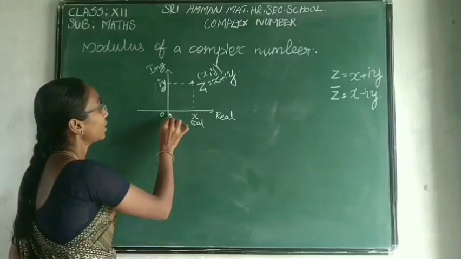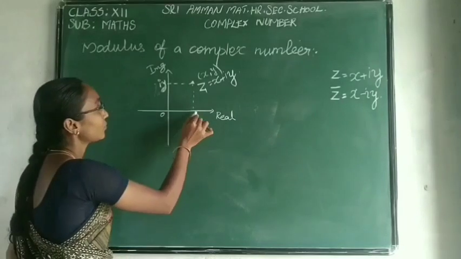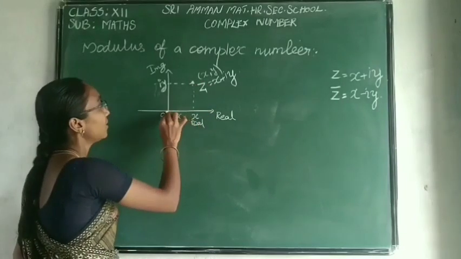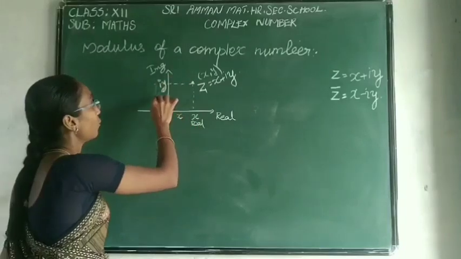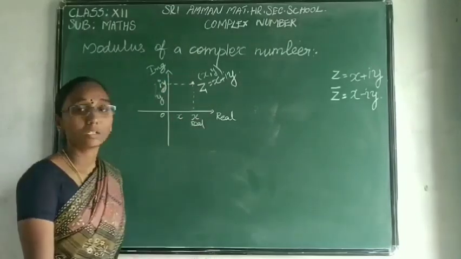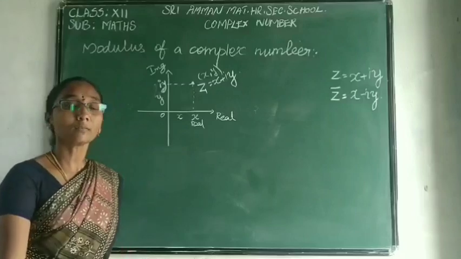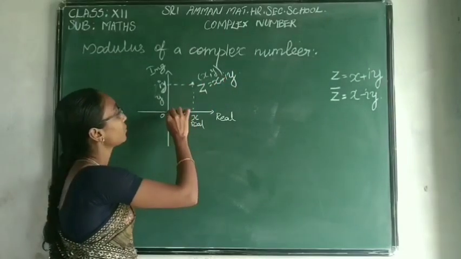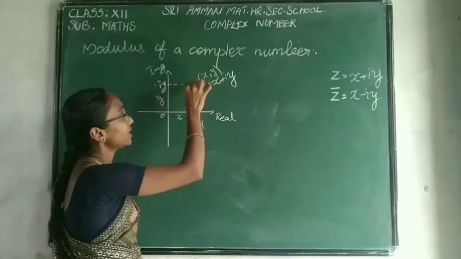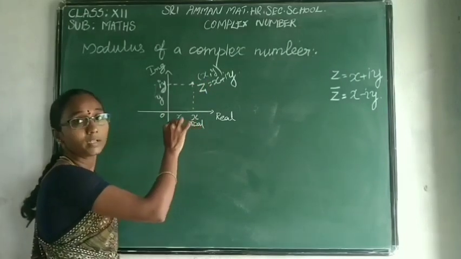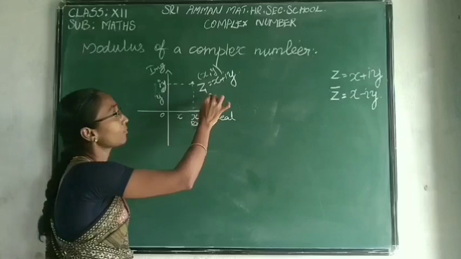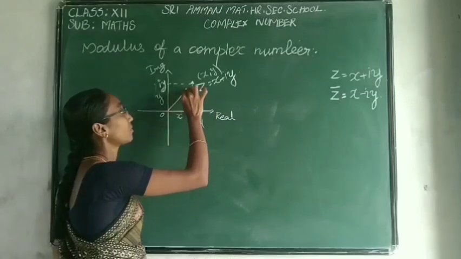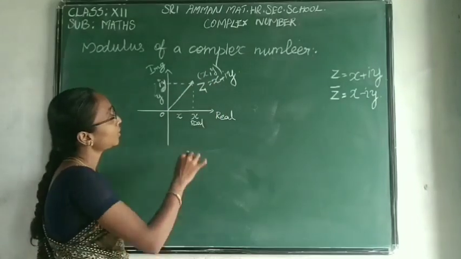The length along the x-axis is x, and the length of this iy is y. Do you understand? Now I am going to draw the line joining 0 to Z. What do you get?